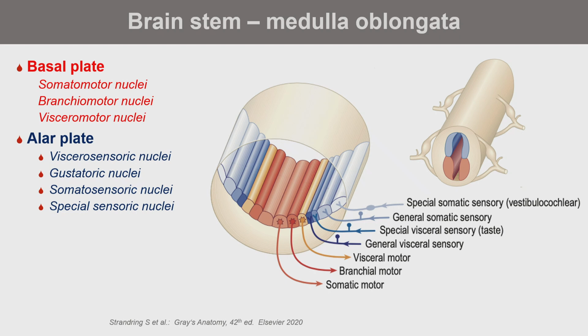So I've said that we have some basal plate and alar plate. The arrangement of nuclei is the same way at every level, but somewhere it is a little bit shifted, and in general, the roof is not developed in the rhomboid fossa.